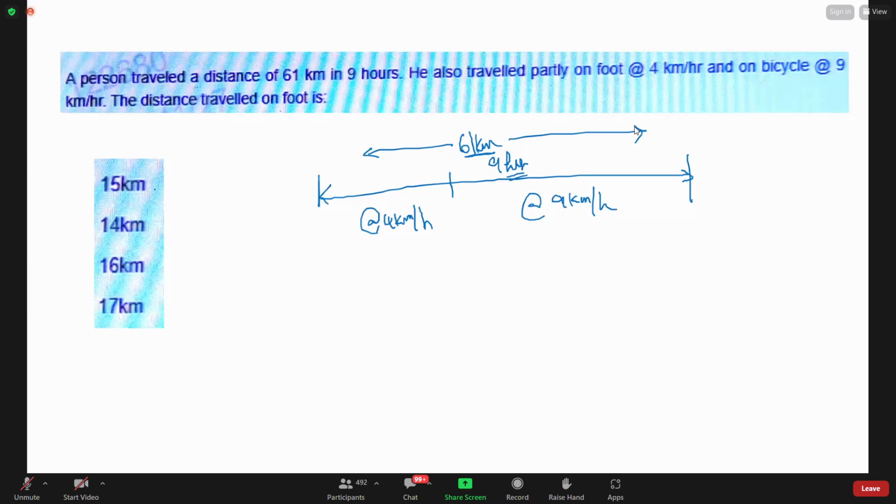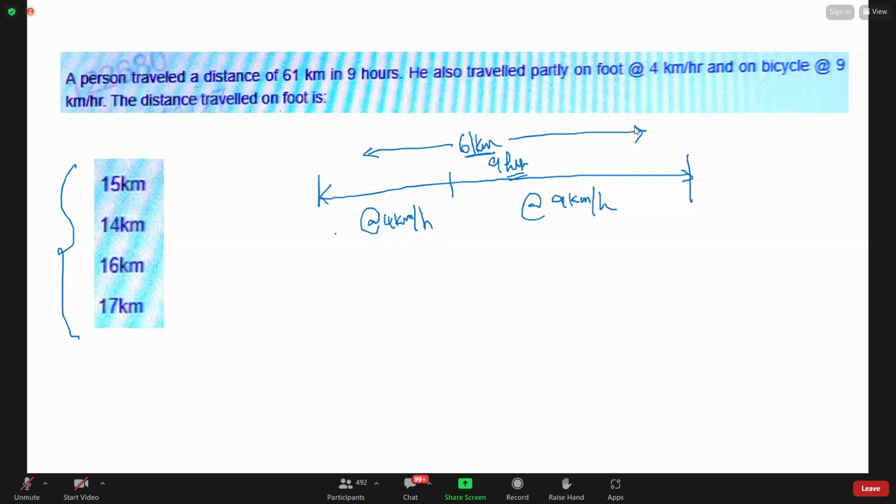Now, do not solve anything, but looking at the options, what do you think can possibly be the right answer? Is there any guess you can take? A wild guess? Sainath, 16, multiple of 4. Very good, that is what I was looking at. Multiple of 4. Just look at the question.